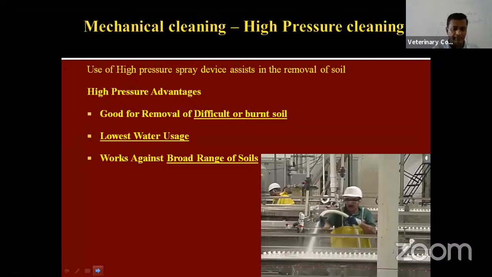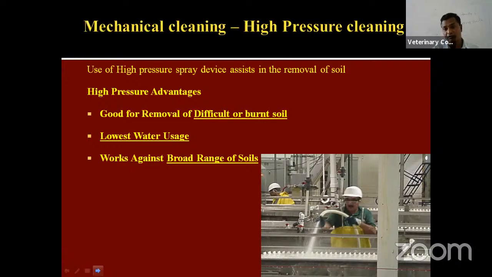While using CIP, one thing to keep in mind is that the strength of acids and alkalis has to be maintained. Sometimes some more alkali or some more acid is added, at some places depending on the type of food surface. High pressure cleaning is beneficial in the food industry.